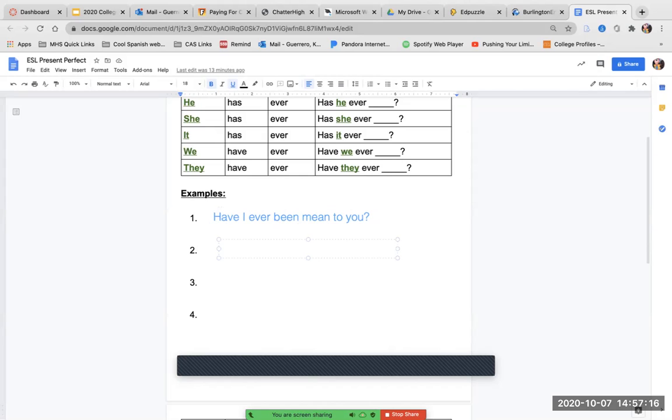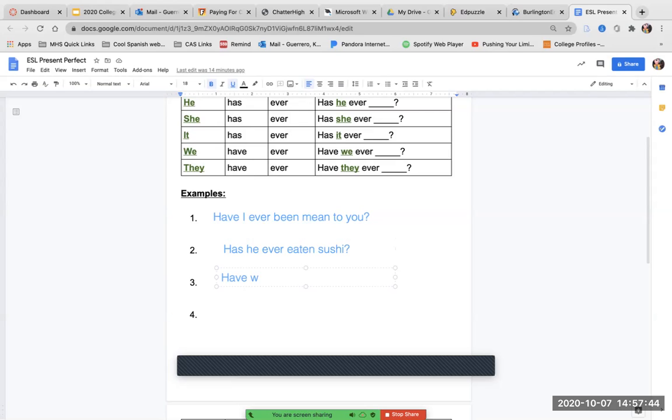A question for the subject he. Now instead of having to say have, we're gonna say has. Has he ever? And then I'm gonna use something that we should all know, eaten sushi. Has he ever eaten sushi? I want to use a different pronoun, and so we're going back to have.